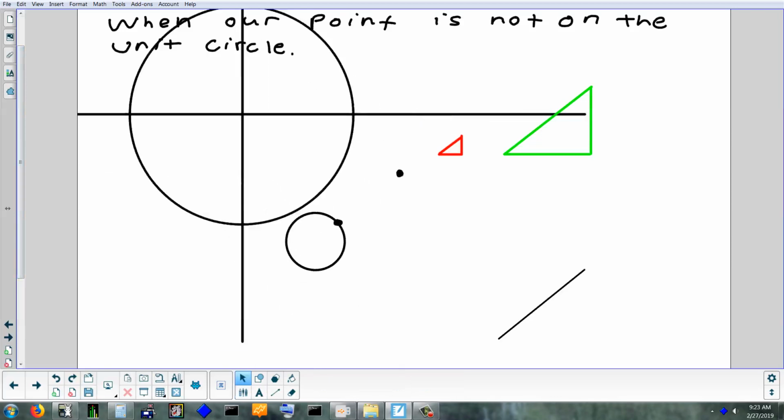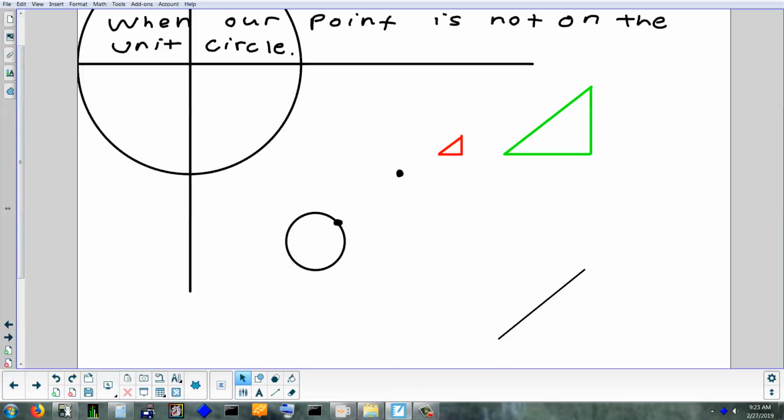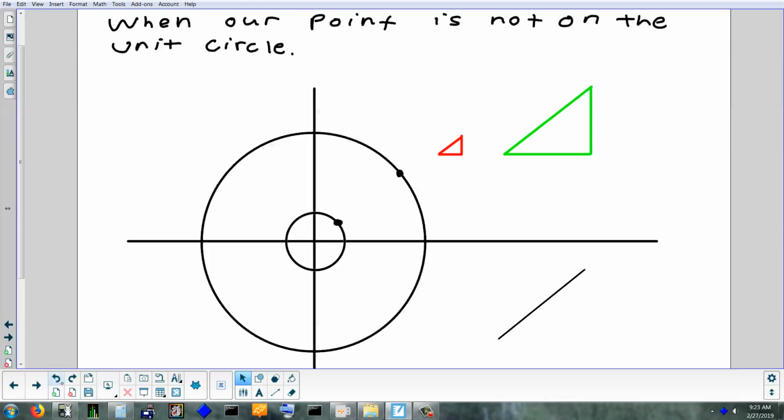I can even move the big circle for now. I can put it back in a second. So I've got a unit circle, and I've got a point on it somewhere. What angle is it? I don't know. It doesn't really matter what angle it is. What I'm going to do is take that small circle and scale it out, make a bigger version of it.